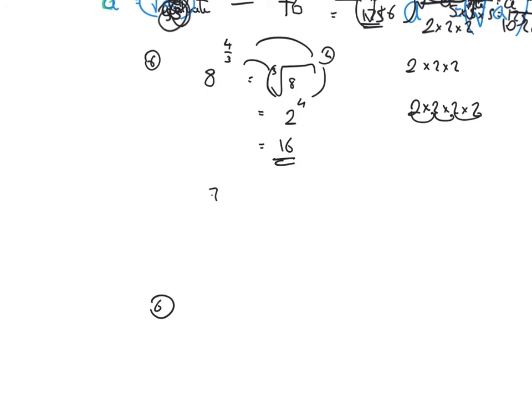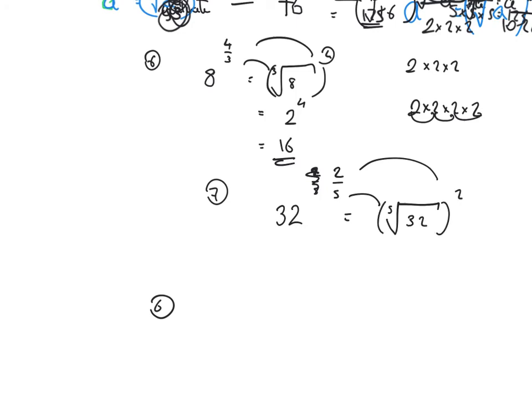Let's try one more. Okay, let's go for 32 to the power 2/5. That number goes down there, that number up there, so that is the 5th root of 32 brought to the power 2. What's the 5th root of 32? Well, that's the number when you multiply it by itself 5 times, you get the number, so that's 2.